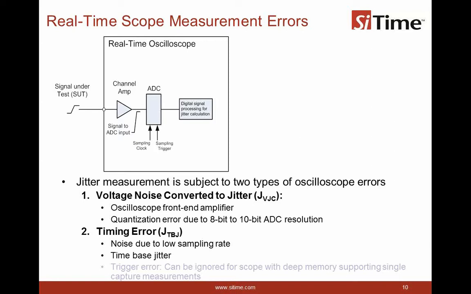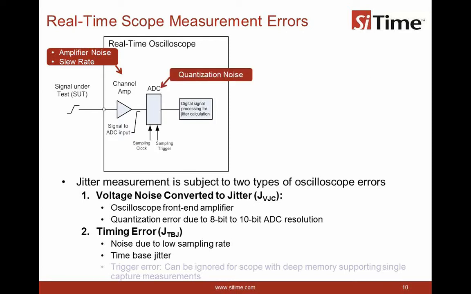And then it has an ADC, an analog to digital converter, that samples that signal. Each one of those components has a certain amount of noise associated with it. The amplifier has certain noise inside it. And how much of that noise shows up at its output depends on the slew rate of the signal at the input of the amplifier. So two things impact its noise performance.